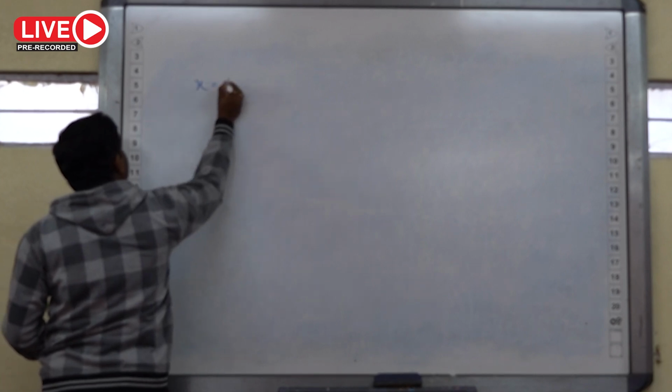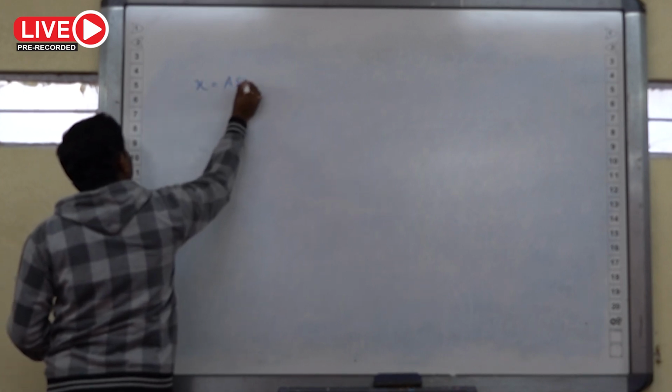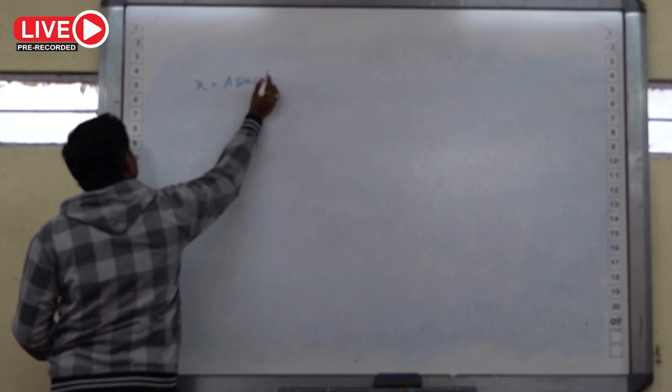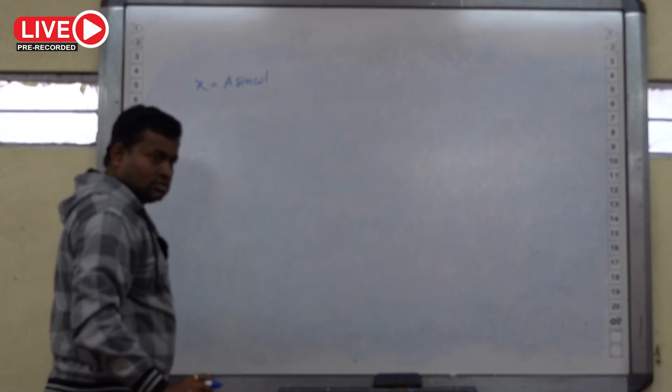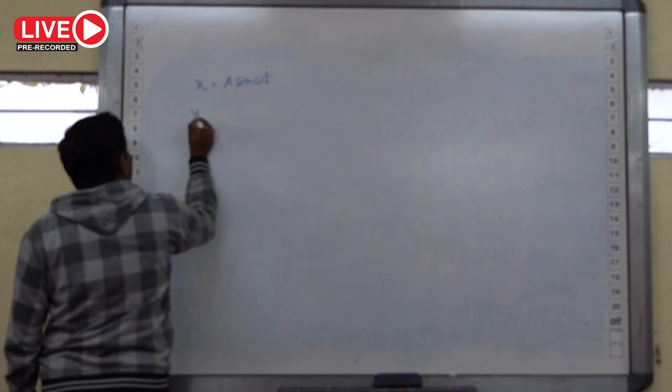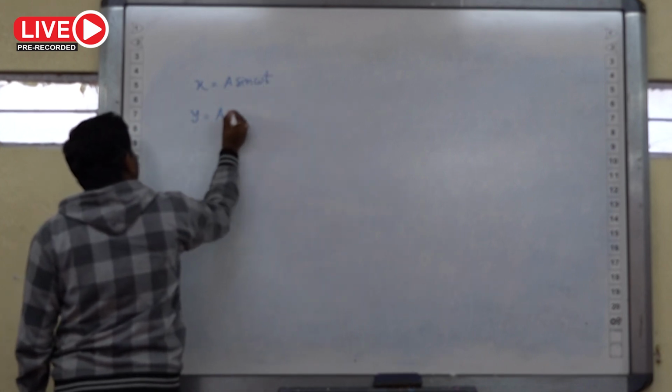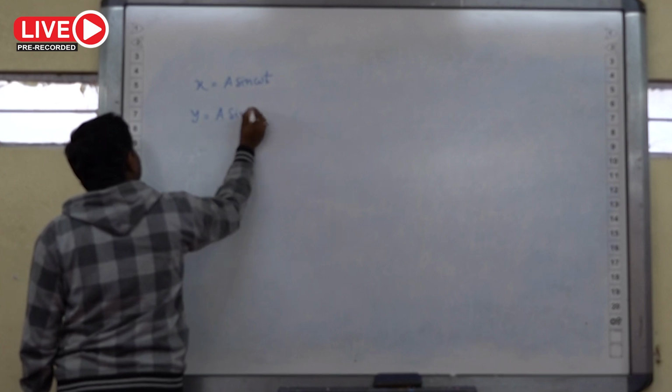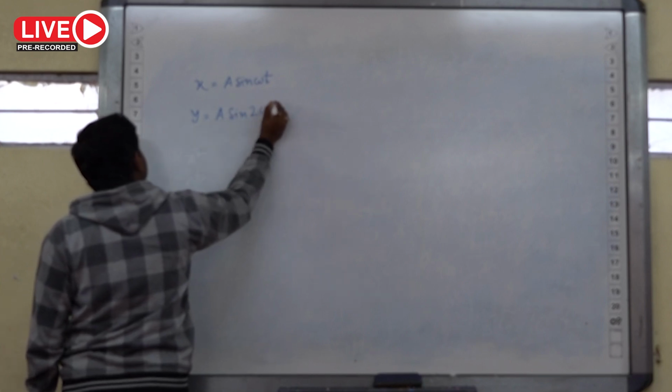x equal to A sin omega t, y equal to A sin 2 omega t.